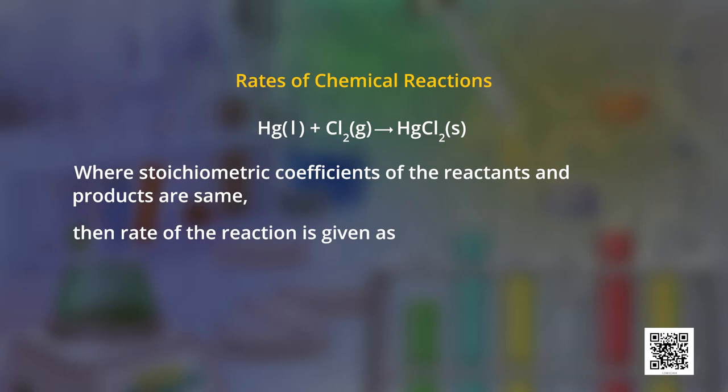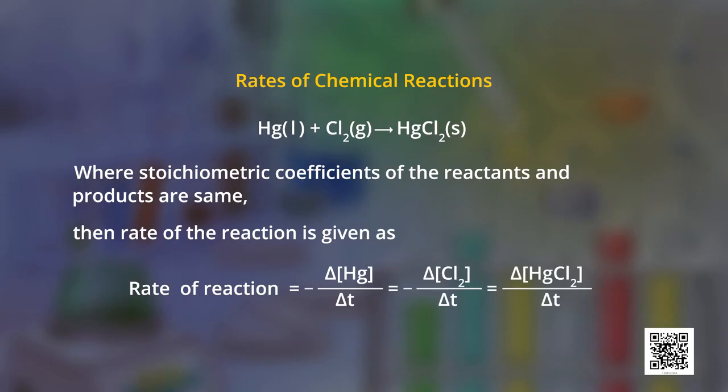Hence, rate of reaction is represented as shown here, that is minus delta [Hg] divided by delta T, or minus delta [Cl2] divided by delta T, or delta [HgCl2] divided by delta T. That is, rate of disappearance of mercury or chlorine is same as the rate of appearance of mercury chloride, but situation is not always like this in all reactions.